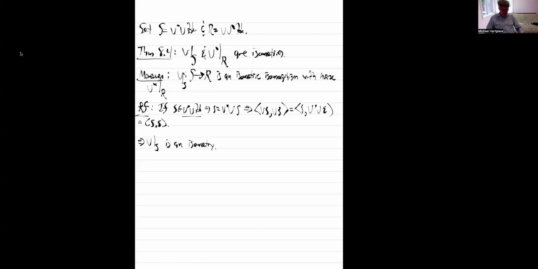And by a similar argument, V star restricted to the range is an isometry.